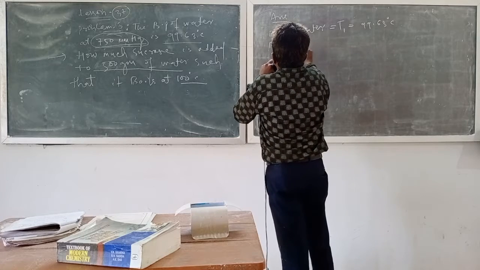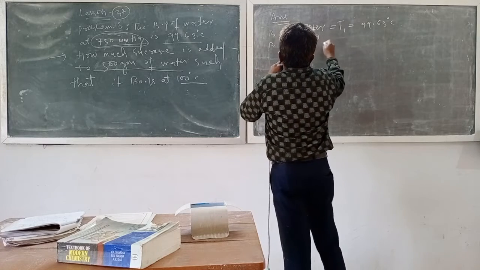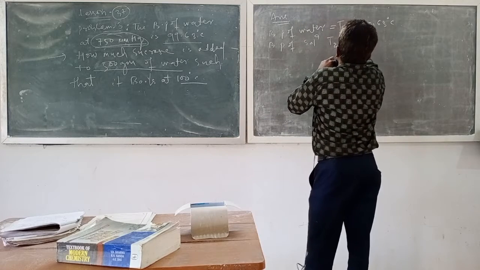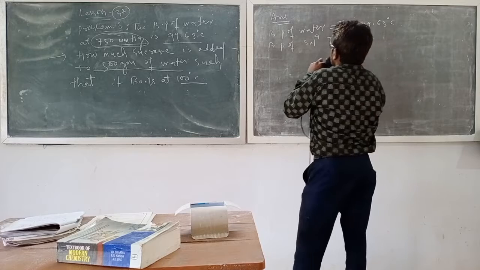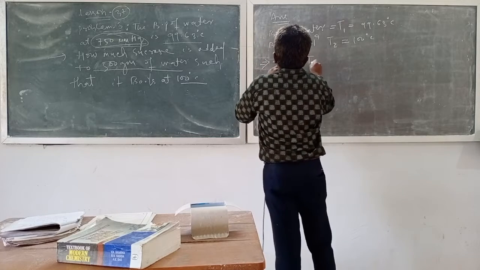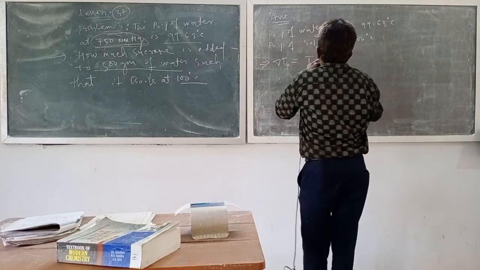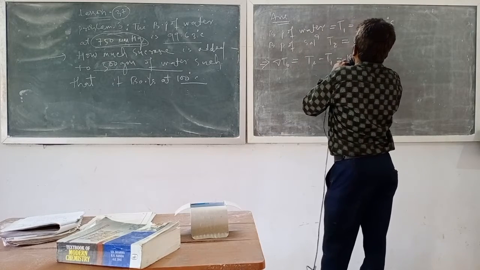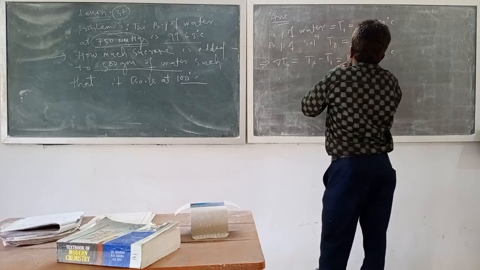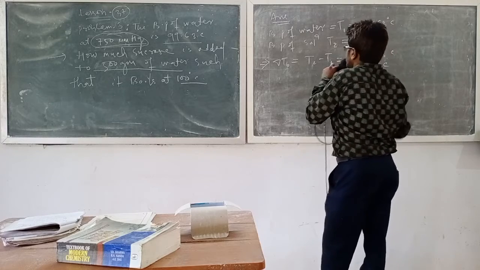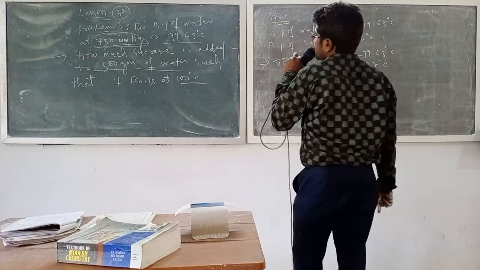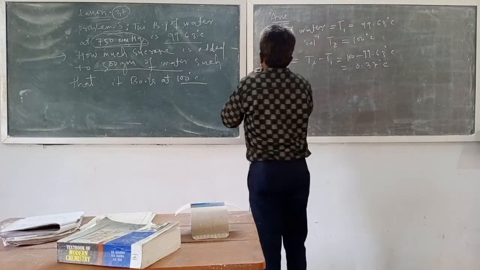Boiling point of solution, that is T2, equal to 100 degrees Celsius. That implies delta TB equal to T2 minus T1 equal to 100 minus 99.6 degrees Celsius. This is equal to 0.37. This is the elevation of boiling point, delta TB. Yes or not? Yes.